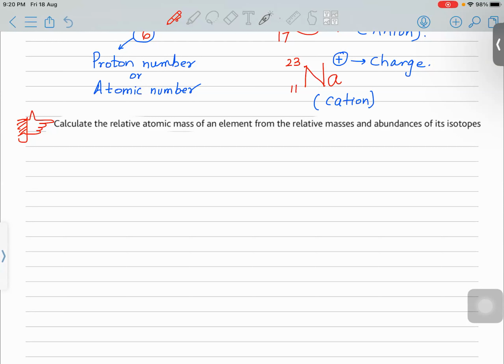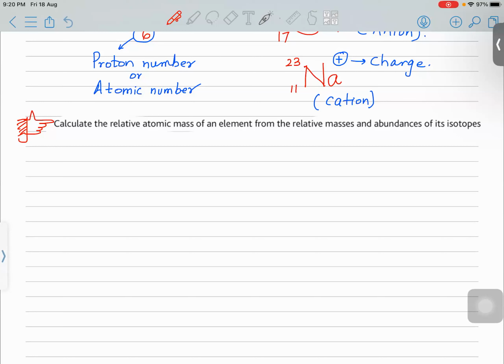Are you getting my point or not? So what are we comparing it with? Carbon 12. Yes, relate the mass of any atom with the carbon atom.